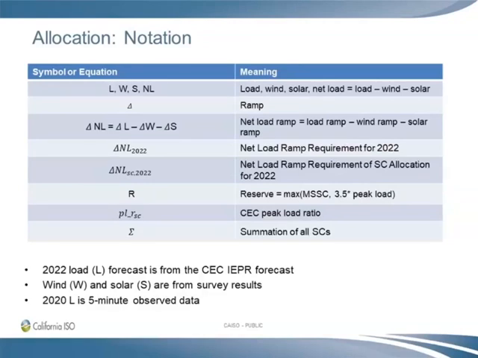For the net load requirement, we further get 3 small pies: one is the load, one is the wind, one is the solar. So what I have been doing is to cut these pies to allocate to each LSE or SC.